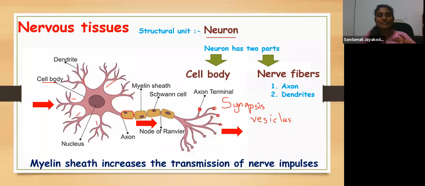That means it increases our speed, like we are walking on a railway track. It's just like that. Now impulses are transmitting in a faster way due to the presence of these myelin sheaths. It accelerates the rate of transmission of nerve impulses.